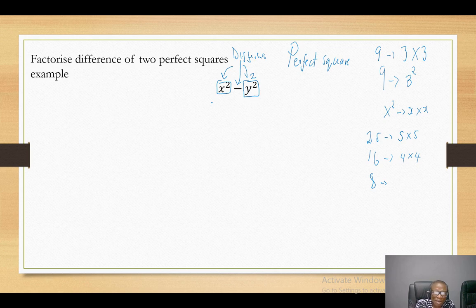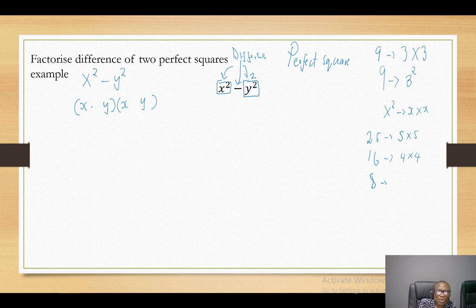How do you factorize something like x squared minus y squared, which is the difference of two perfect squares? You just open two brackets. You want to get x squared. You know that x times x will give you x squared. Then y, so y times y will give you y squared.